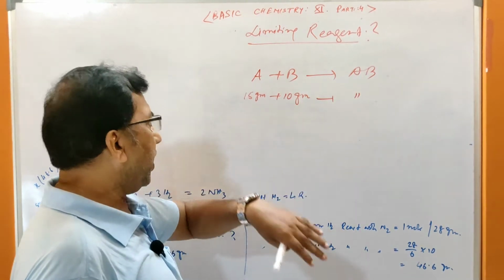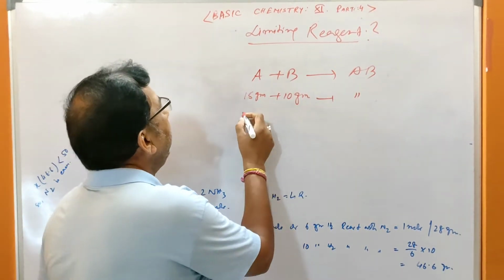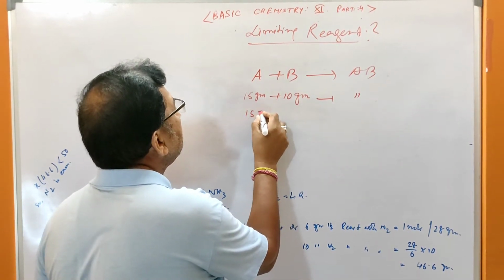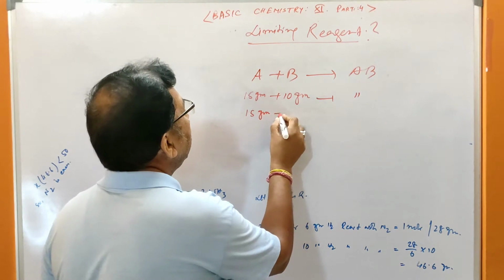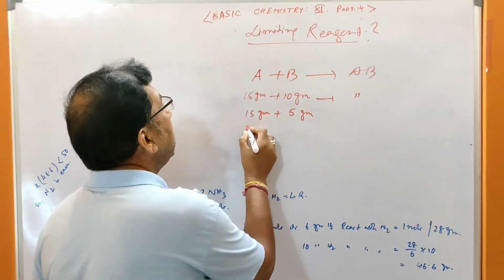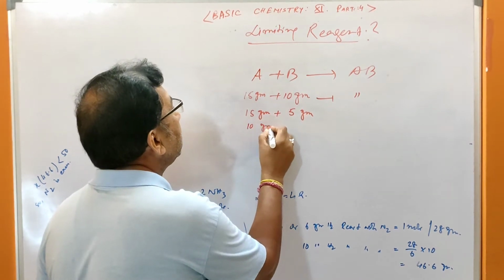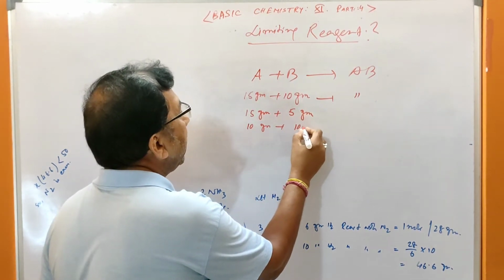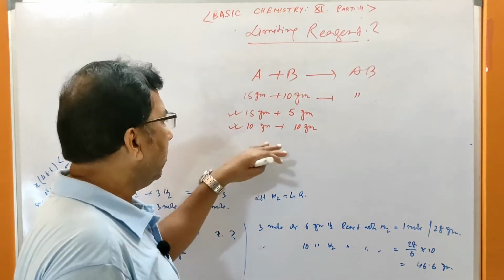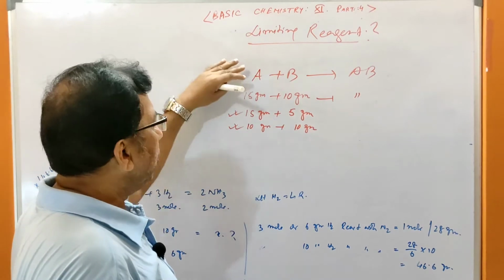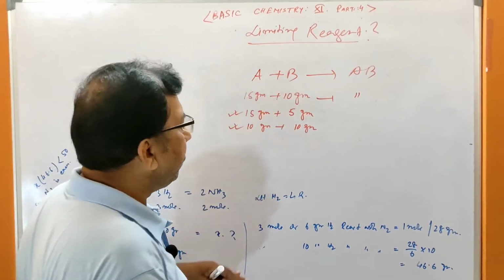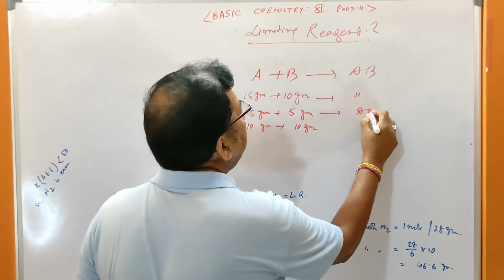But in case you are given 15 gram of A and 5 gram of B, or 10 gram, anything, either this or this. In case of A, the reactant 15 gram, B, the reactant 5 gram, they react to form AB.